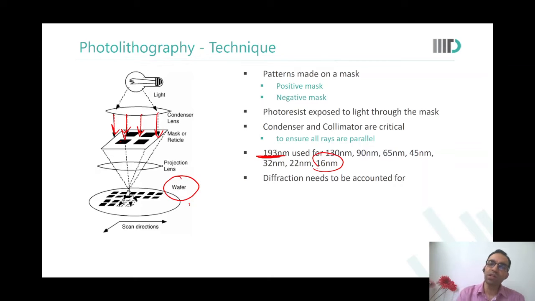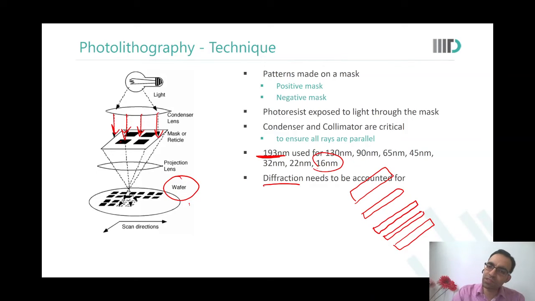So what they need to do is to manage the diffraction part. If you want to make this kind of a poly, you make slits in the mask, you make dummy polys around it for this distance, so that after diffraction, I am able to achieve this poly shape accurately.